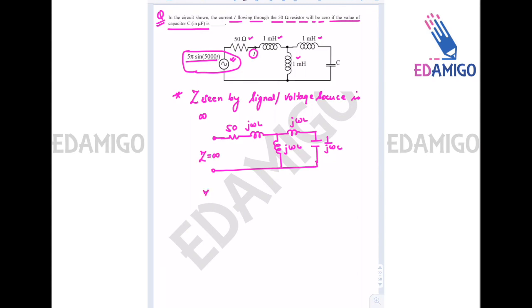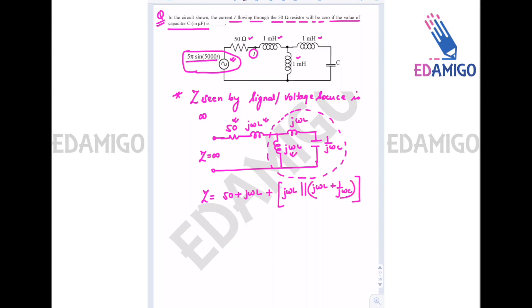Now I can say that the impedance is the series combination of the 50 ohm resistance, the inductance, and the equivalent of the whole remaining combination. That equivalent is the parallel combination of the inductance and the series combination of inductance and capacitance.